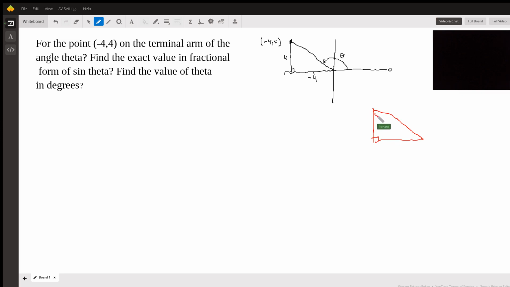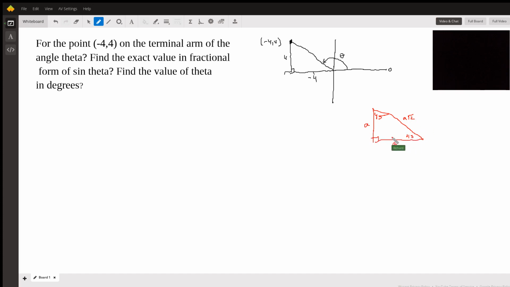And when it's a 45, 45, 90, and these should be memorized. By the way, this is a trigonometry question, so I assume the student is taking an advanced Algebra 2 class or maybe pre-calculus. And so you should have seen this by now. You would have seen this in geometry, probably.